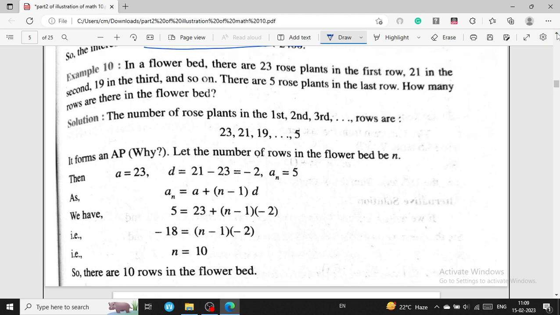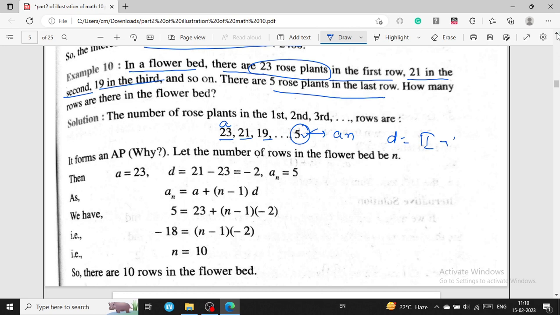Now in the next question, we have given that in a flower bed there are 23 rose plants in the first row, 21 in the second row, 19 in the third row. That means we have given the series 23, 21, 19, and there are 5 rose plants in the last row. That means the last row plants will be 5. This is your AN and this is your A, and the difference will be second minus first: 21 minus 23, that is minus 2.